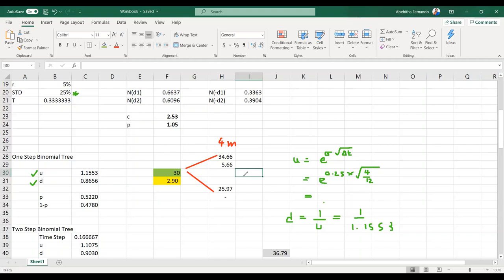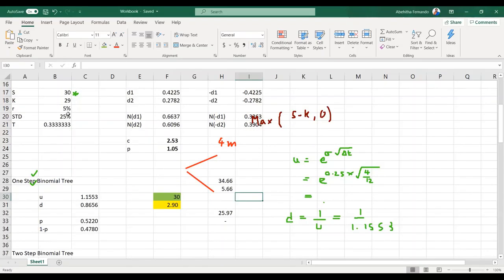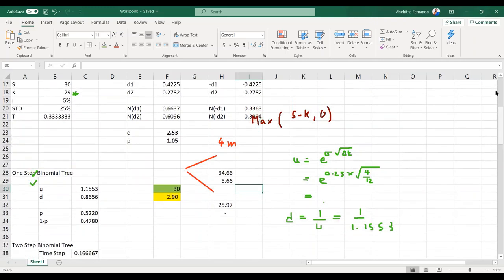For a call option, the payoff is the maximum of S minus K or 0, right? Here S is 34.66, and the strike price we had was 29.